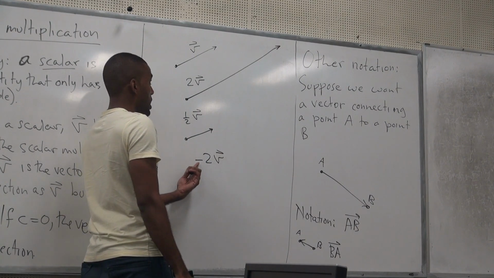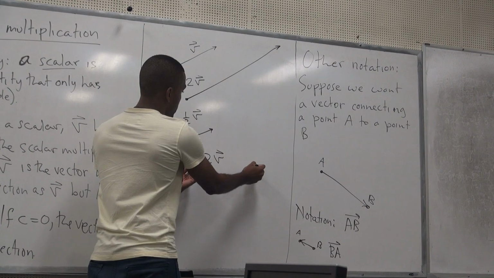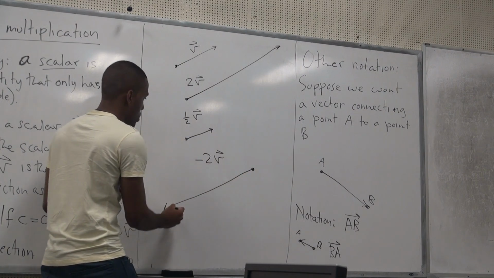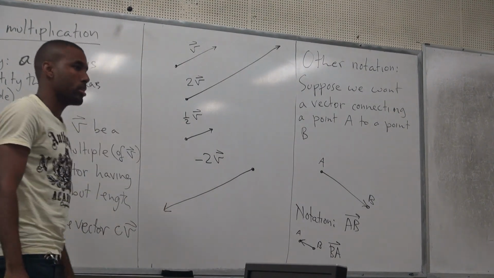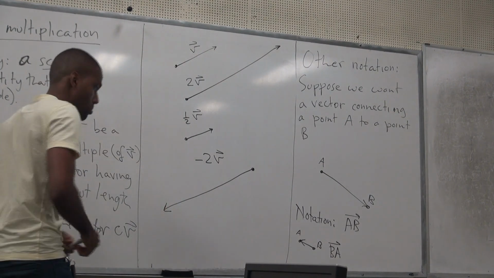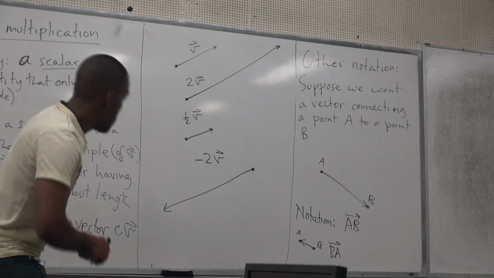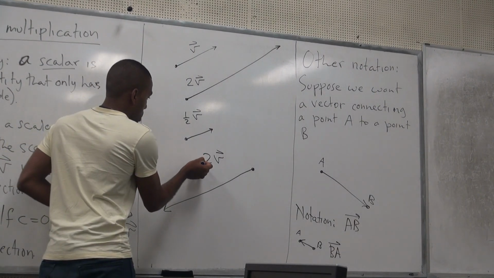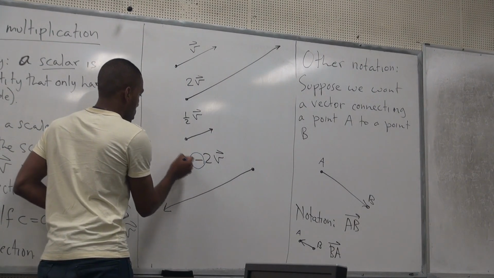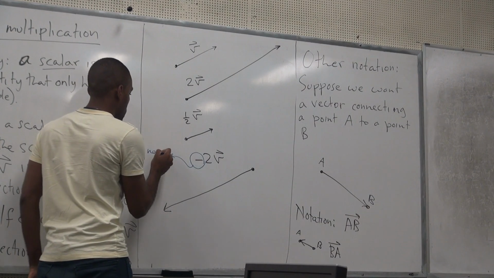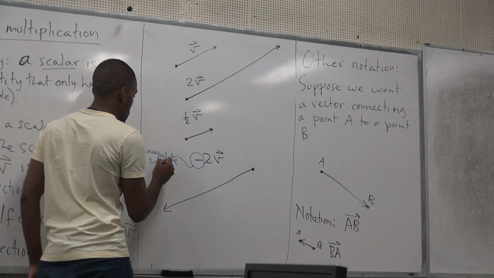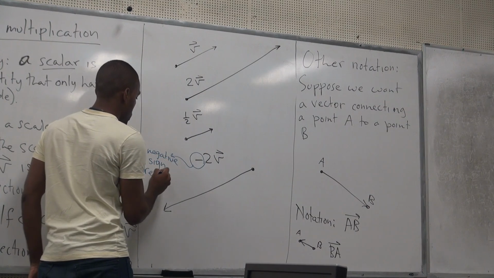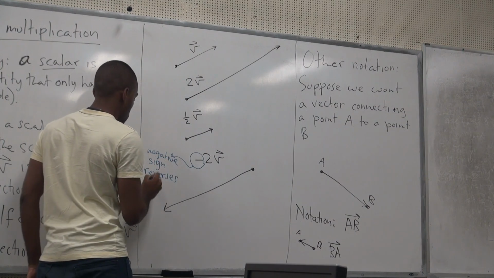When the scalar is negative, you get the same thing, except you now move in the opposite direction. These should all be parallel, by the way. So what happens is the negative sign reverses direction.